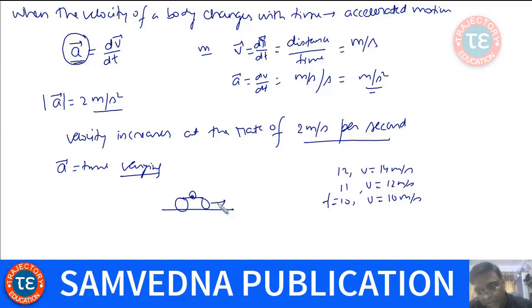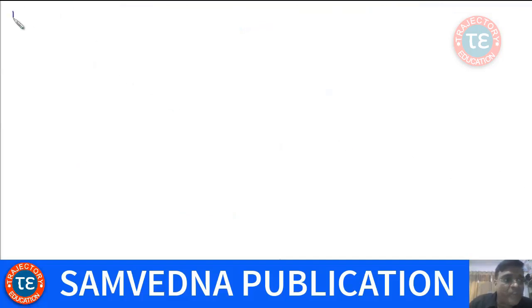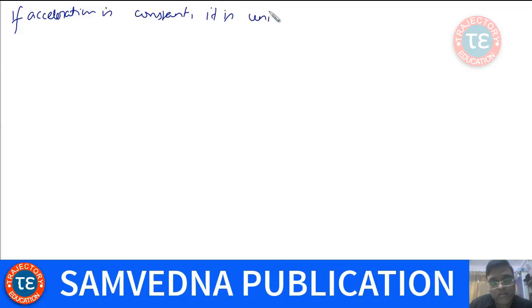So your acceleration can be time varying, or it can be constant. If your acceleration is constant, then we say it is uniformly accelerated motion.